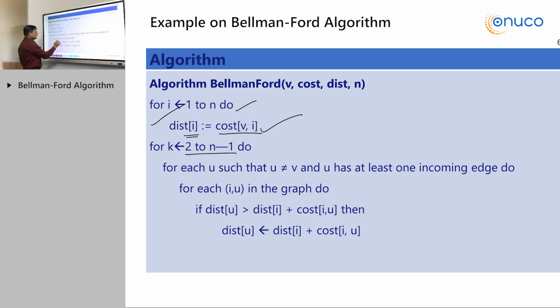If the direct distance is greater than the indirect distance, that is, dist of i plus cost of i to u, where i is the source and u is the intermediate vertex, and that sum is lesser than the direct distance, we update the direct distance with the indirect distance, which is the lesser value, dist of u.